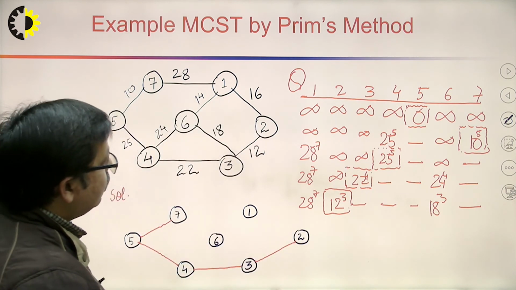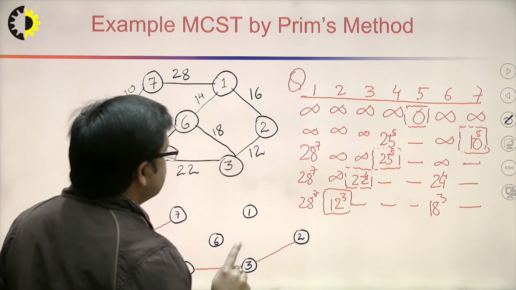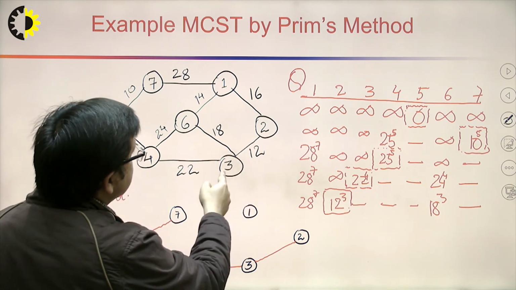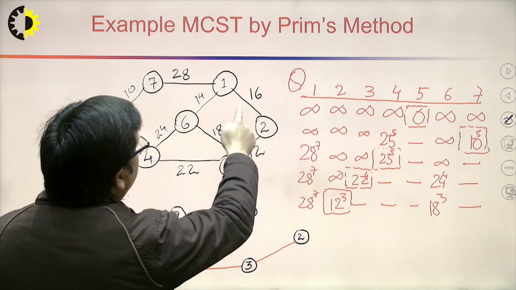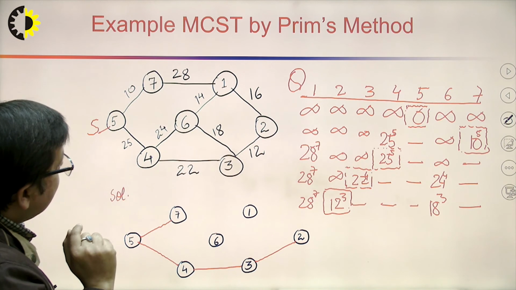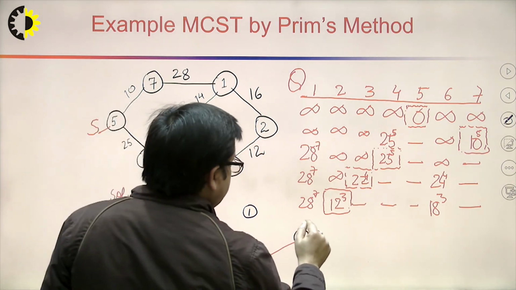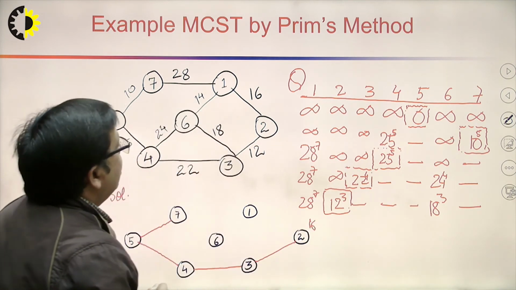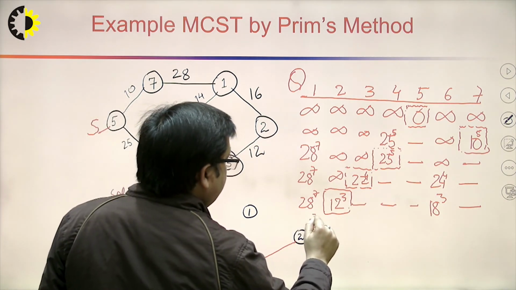So, when the node 2 is coming out, what are the adjacent which are still available inside the queue? One adjacent is 3, it is not available in the queue, and another adjacent is 1. So, weight of 1 can be updated with 16, and the parent of node 1 will become the node 2, right.